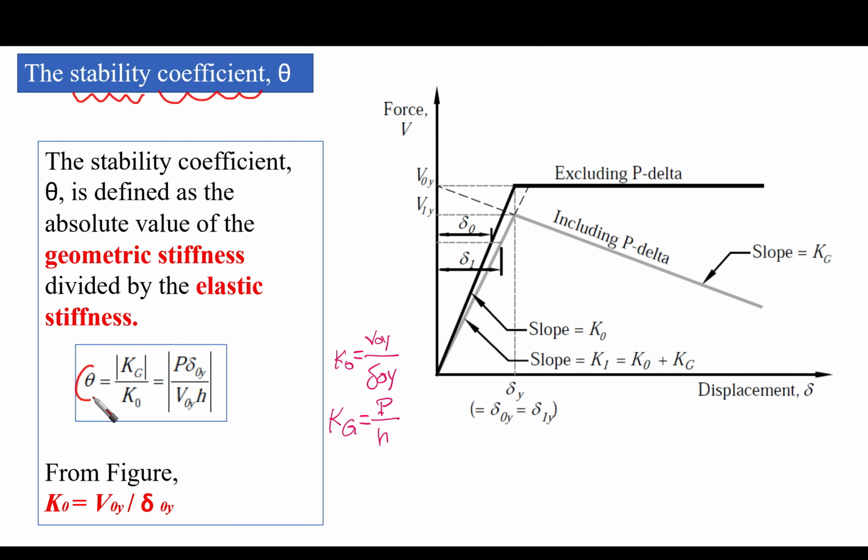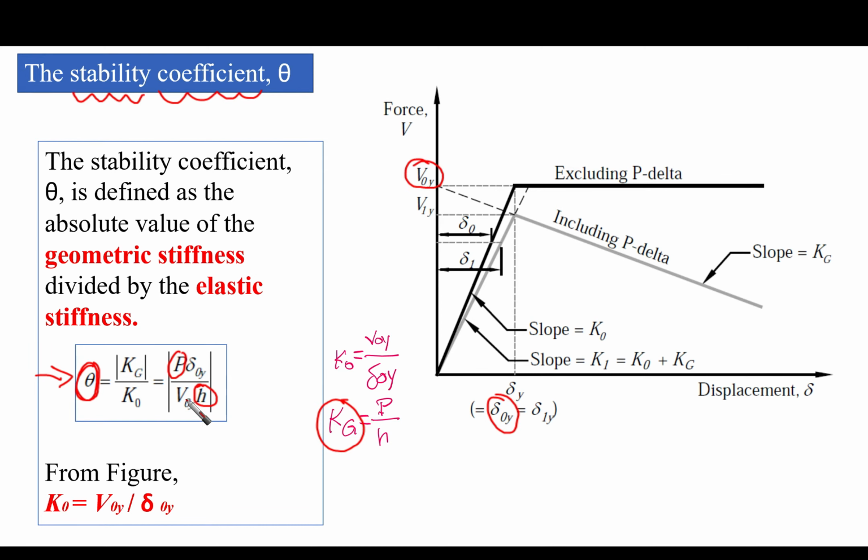We call it stability coefficient theta, which is equal to the absolute value of Kg over K node. Remember that we said Kg equal to P over H, and K node equals V node yield over delta node yield, right?